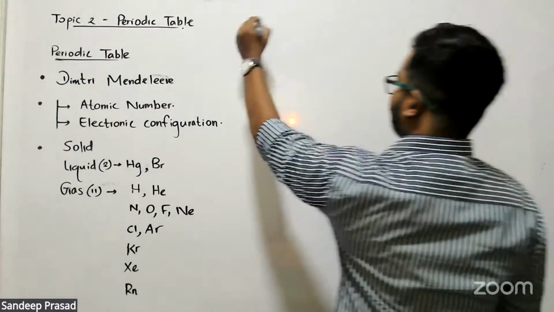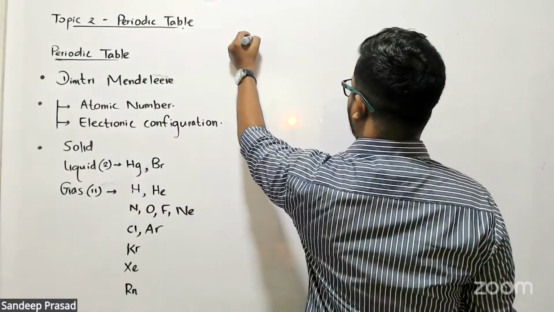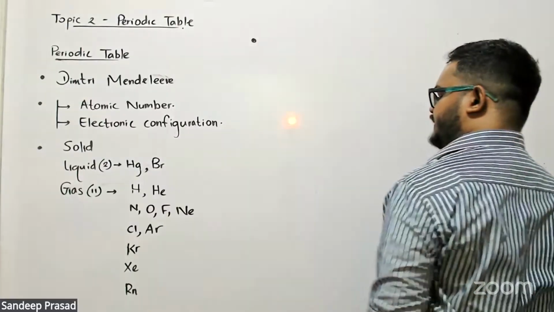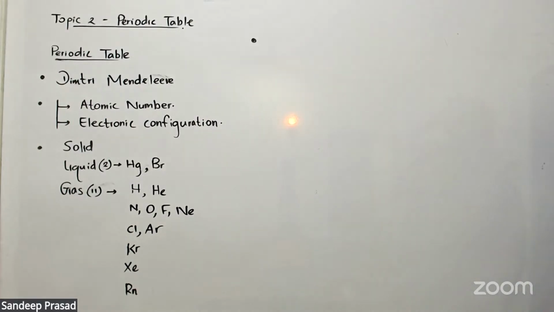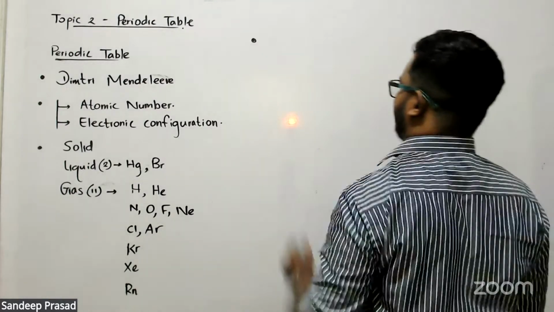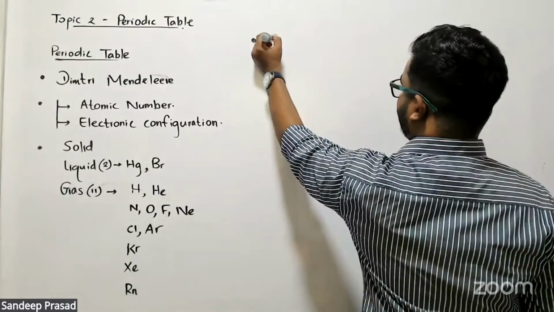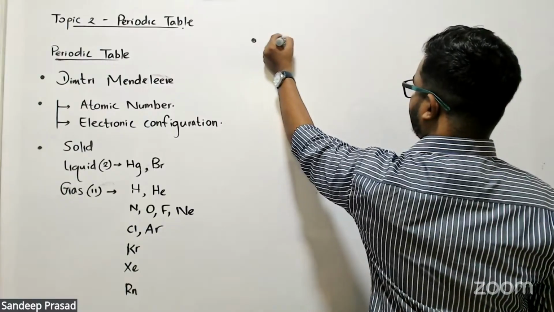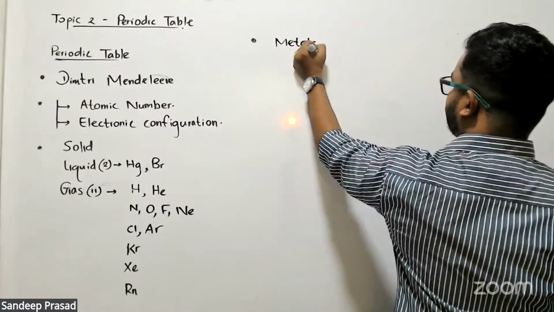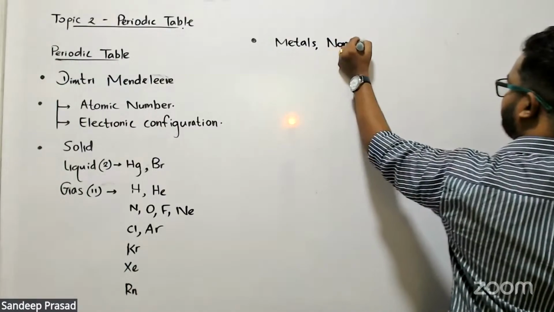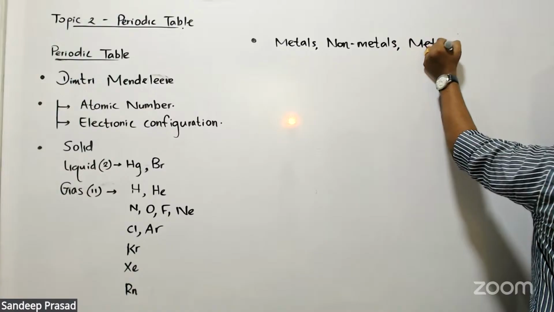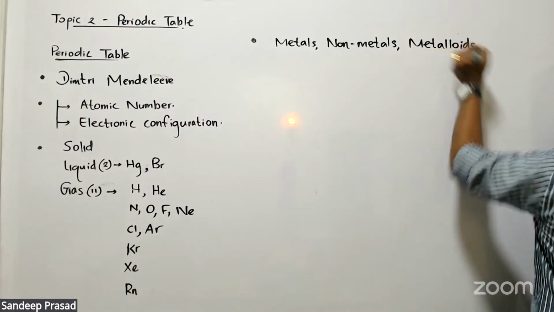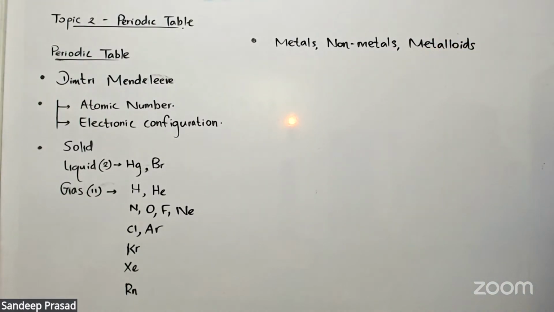So the next thing, we have to discuss a few important things about the periodic table. When you consider the modern periodic table, we can classify it like this: metals, non-metals, and metalloids.